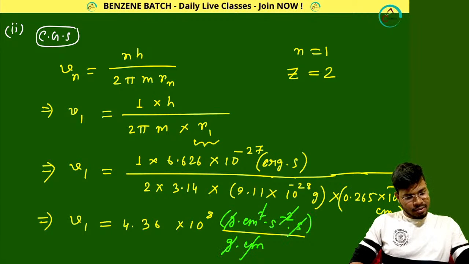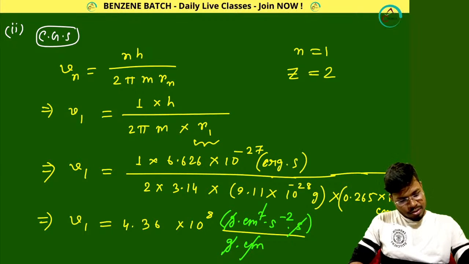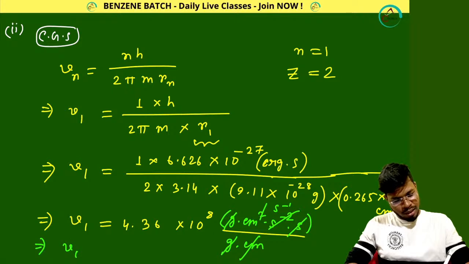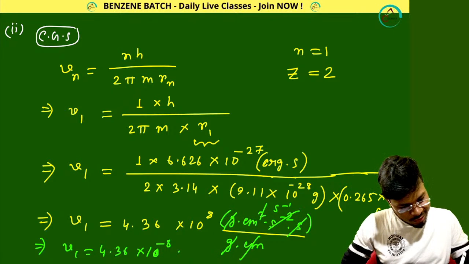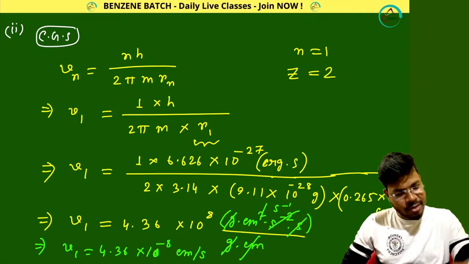Gram, second. So it will become second inverse. So the velocity is V1 equals 4.36 into 10 to the power 8, centimeter per second, or centimeter second inverse.